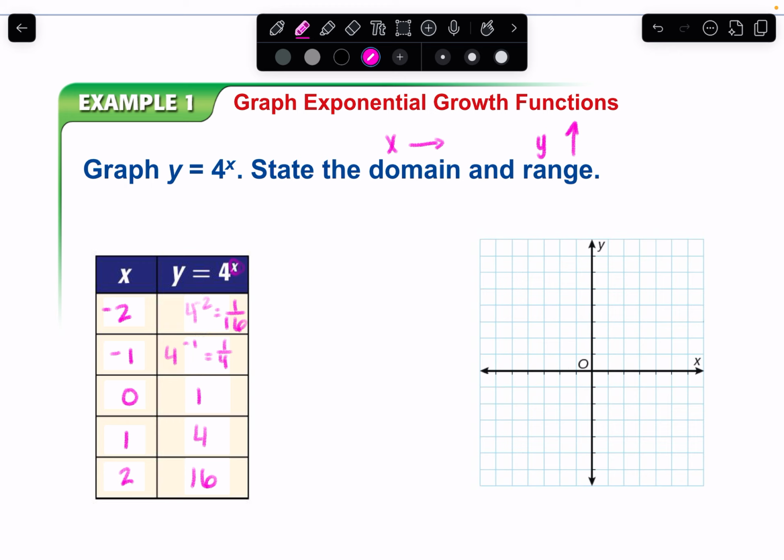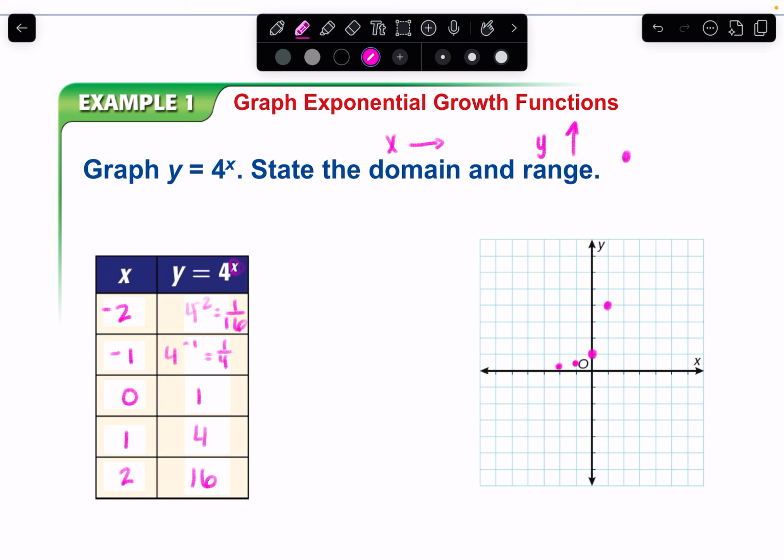So I am then graphing this. (-2, 1/16) is going to be close to my x-axis, (-1, 1/4) also kind of close, (0, 1), (1, 4), and then (2, 16) is going to go off, and it would be up here if we would continue our graph.